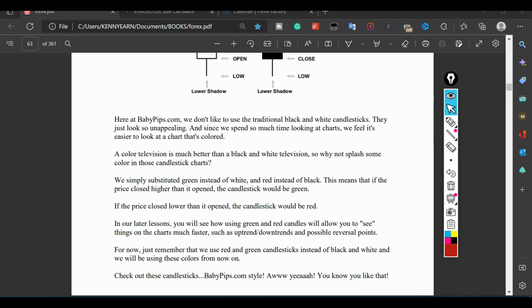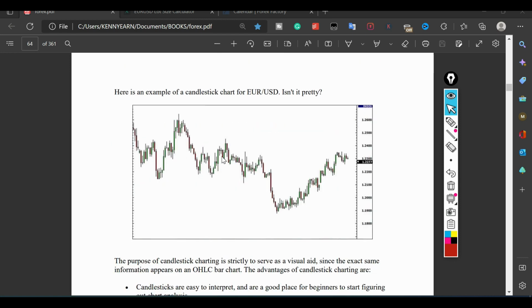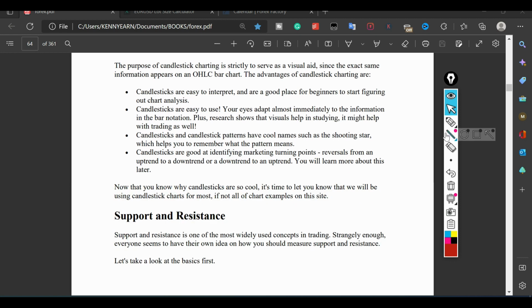All right, candlestick is better to analyze the market. So here are some reasons you should know for you to use candlesticks. Candlesticks are easy to interpret and are a good place for beginners to start figuring out chart analysis. You can easily identify the market using candlesticks, and candlesticks are easy to use.